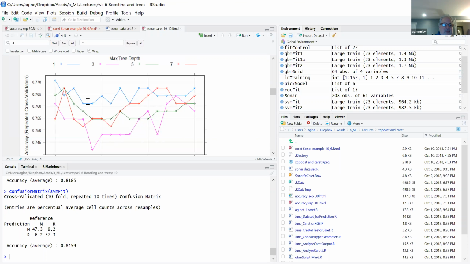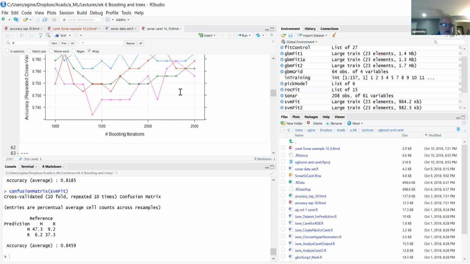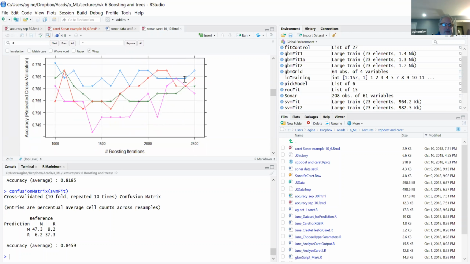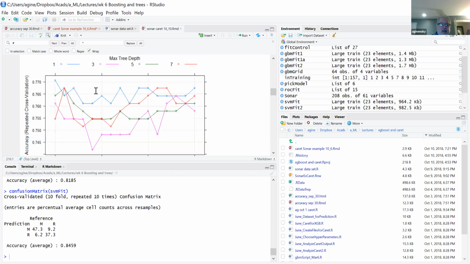So consistently, the stumps do the best. Well, essentially, they do the best. You have this little thing here as you increase the number of iterations. I'd be tempted to call these two things pure lucky noise. But of course, if I did more boosting of the examples, I would see this. But you can see this shows you that one tree really does the best.